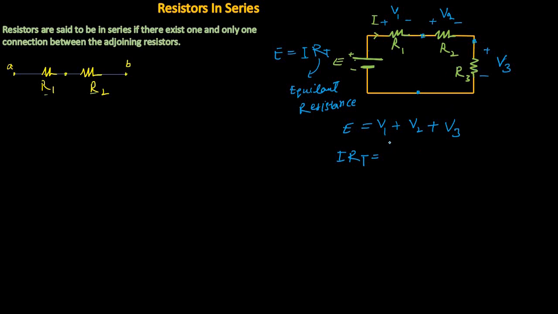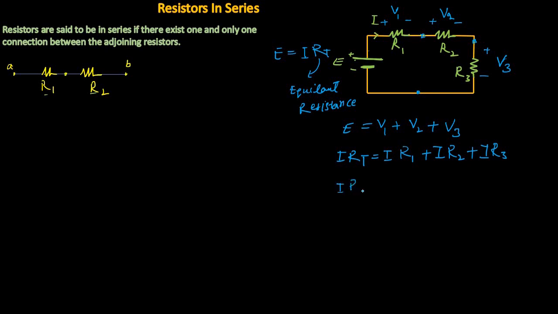So according to Ohm's law, V1 equals I times R1, plus V2 equals I, the same current through resistor 2, times R2, plus I times R3.